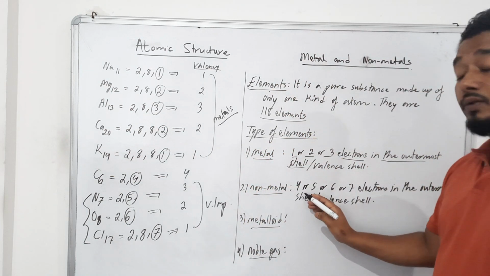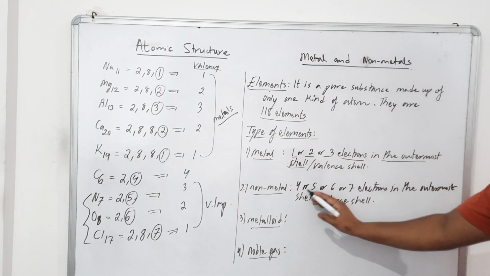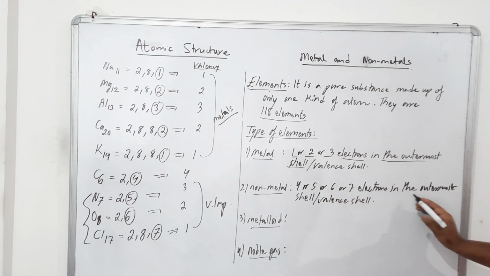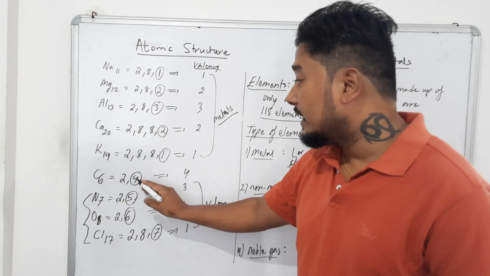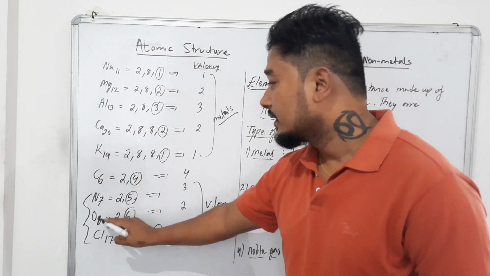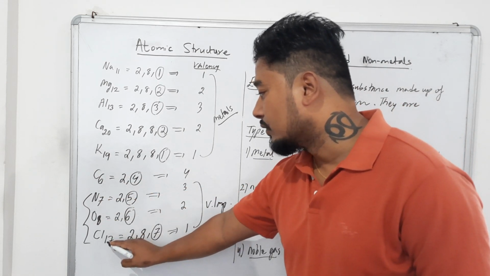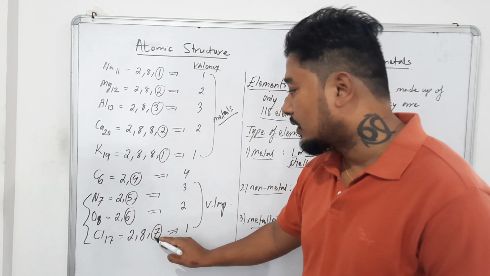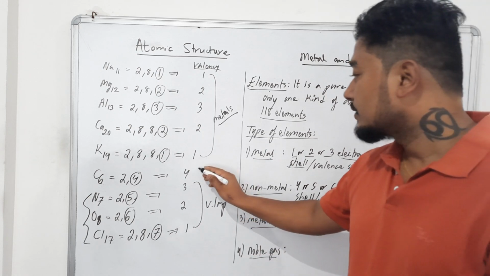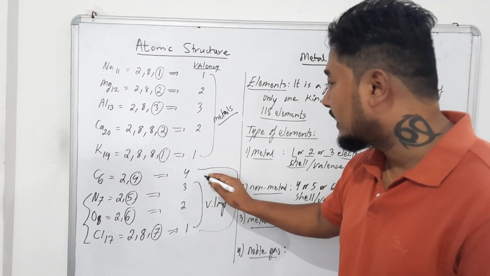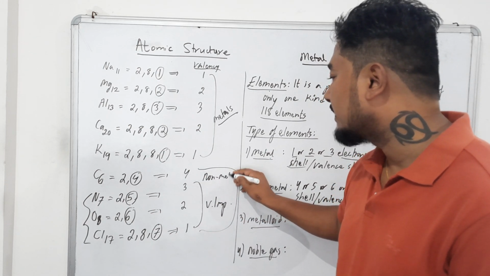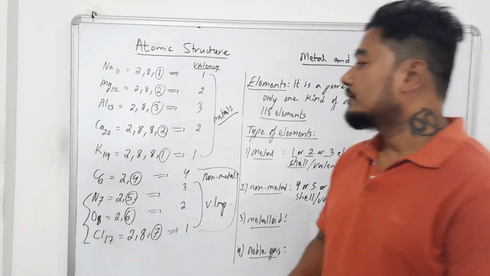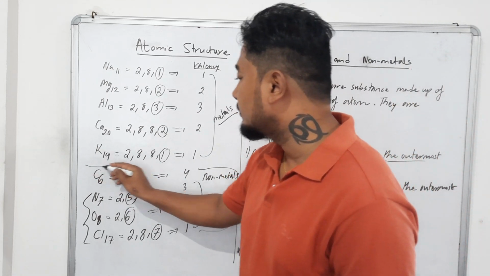Similarly, non-metals are those which have 4 or 5 or 6 or 7 electrons in the outermost shell or valence shell. For example, you can see carbon has 4, nitrogen has 5, oxygen has 6, and chlorine has 7. So those who have 4 or 5 or 6 or 7 electrons in the outermost shell, we call them non-metal. Therefore from here to here can be referred to as non-metals.